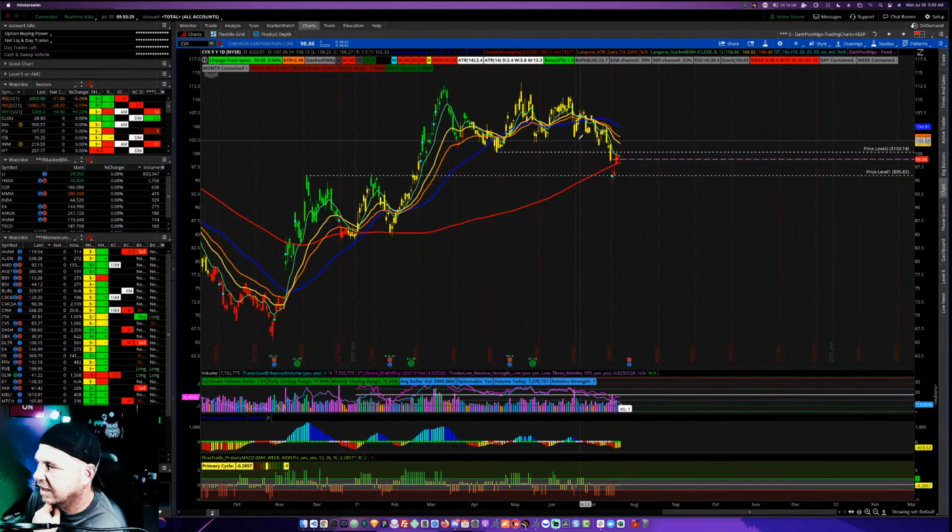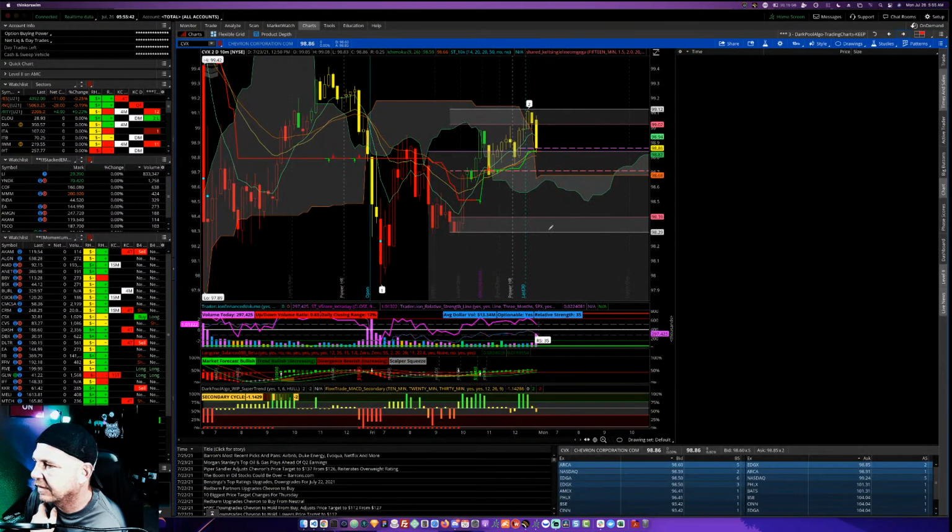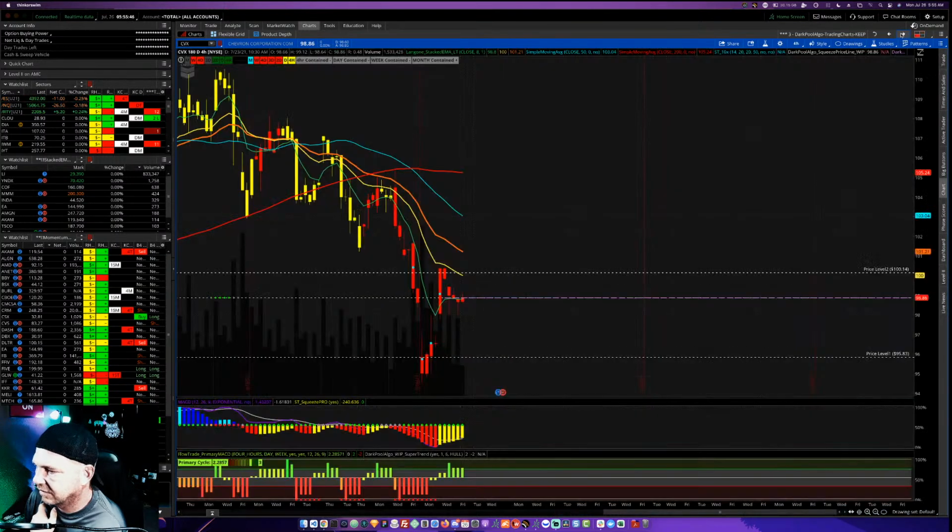And then we've got, looks like there's a little supply zone right here. But yeah, it looks really heavy. And 3-day, 4-day weekly squeeze below VWAP. Right, daily Keltner channel support. Yeah, I'd keep an eye on it. We may run up to 100, but then sell off after that.